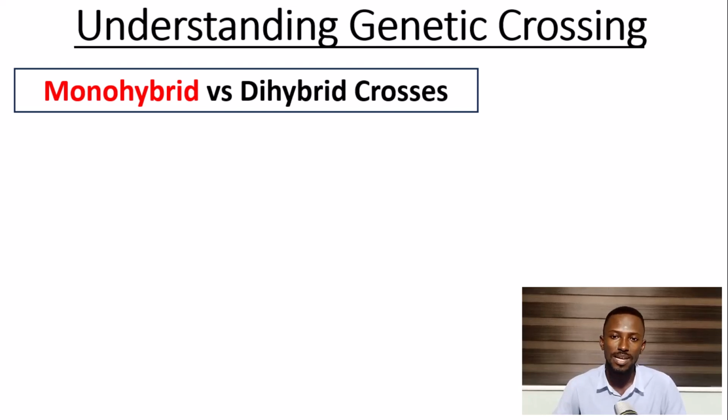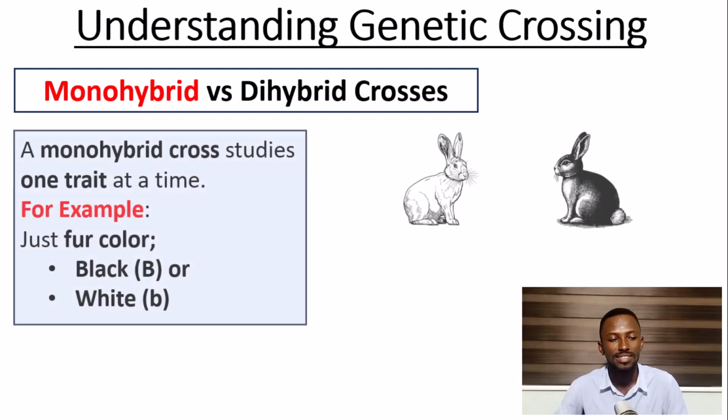We have two main types of genetic crossing: monohybrid and dihybrid crosses. As the name suggests, mono means one. So imagine scientists are actually interested in observing just one trait. So when scientists study only one trait at a particular time, that is monohybrid crossing.